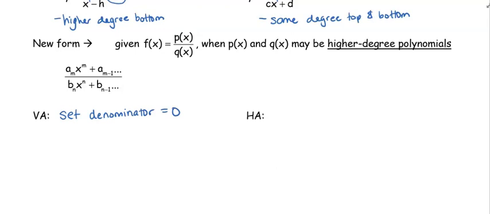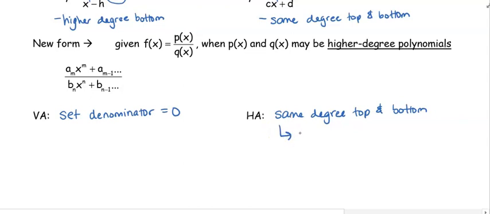For the horizontal asymptote, if I have the same degree top and bottom, that's one of the ones that we reviewed, no matter if it's a first degree or second degree, you are going to divide the leading coefficients.